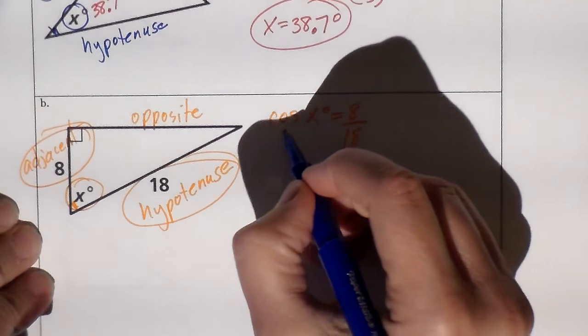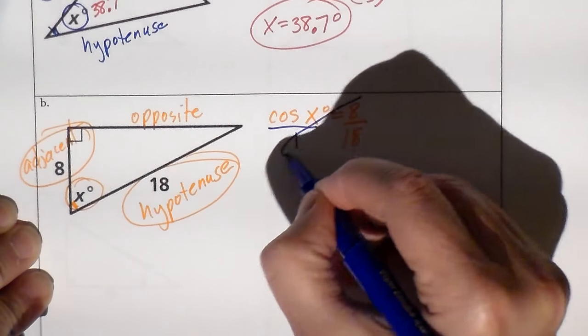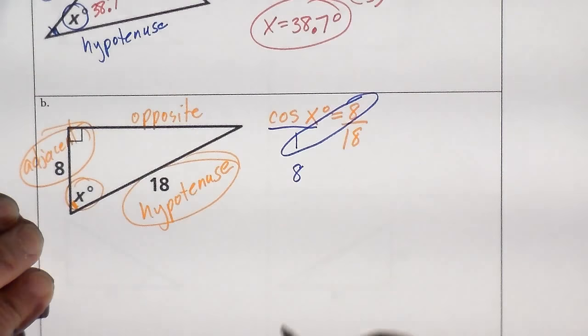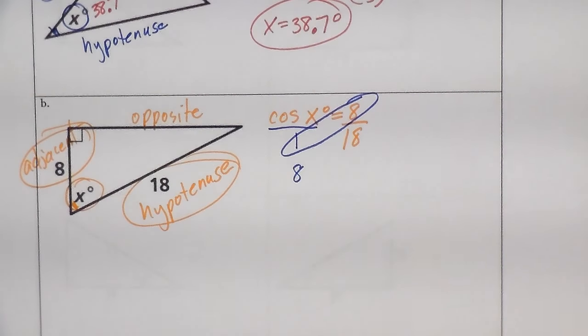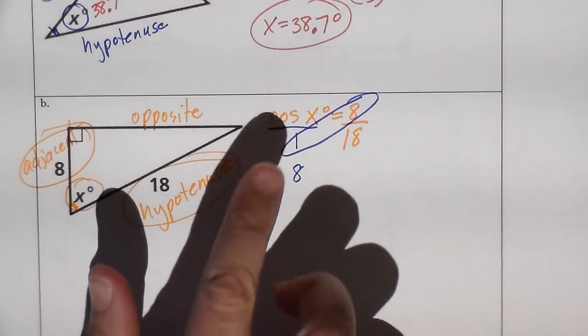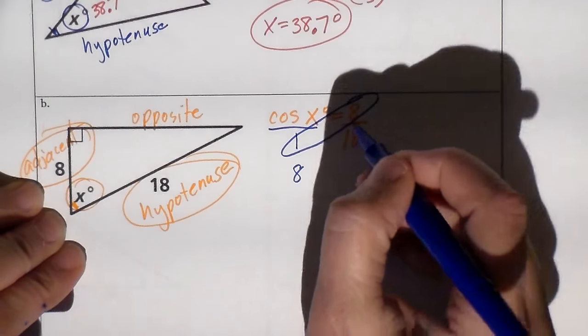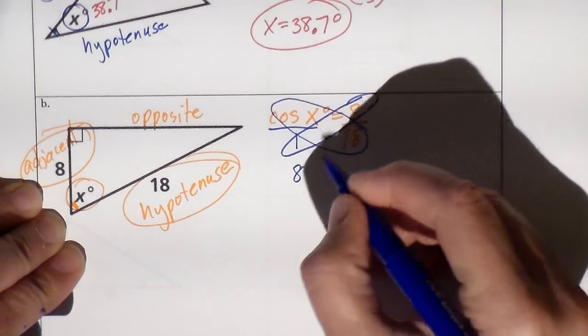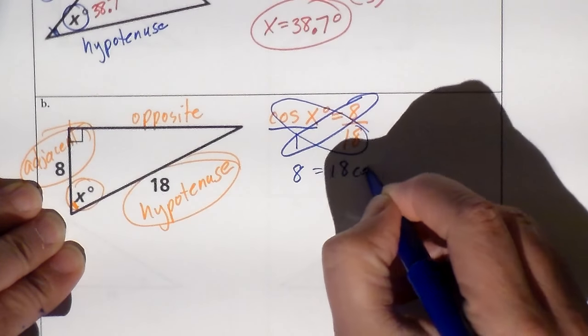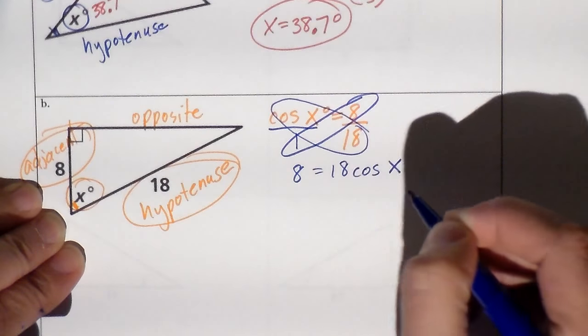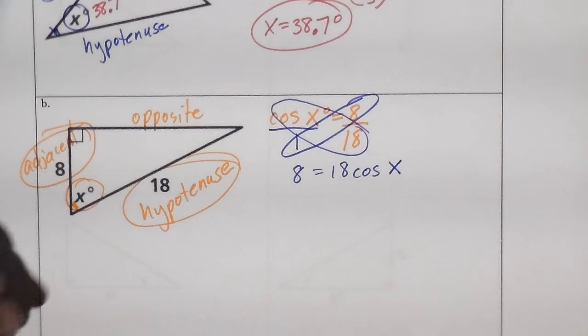So I'm going to go back to our favorite. I'm going to cross multiply. 8 times 1 is 8. I'm going to have cosine of x times 18. So I'm going to end up with 18 times cosine of x, and I don't know the angle.